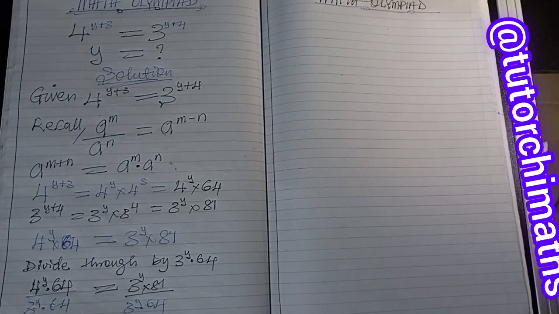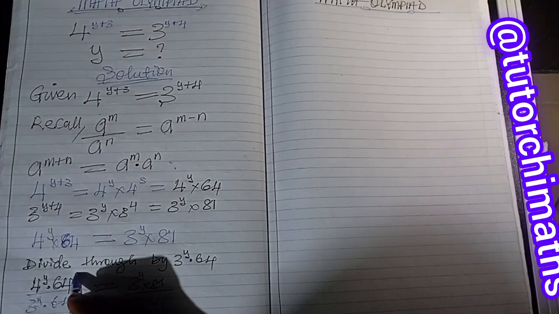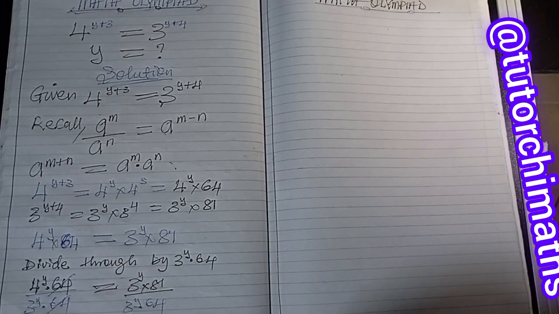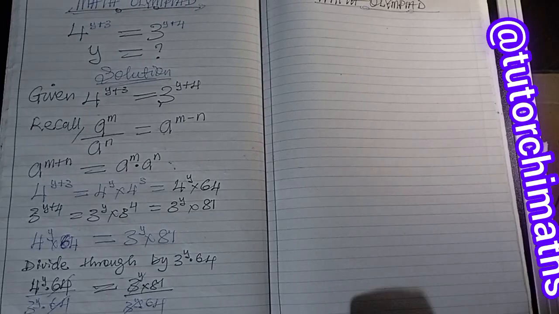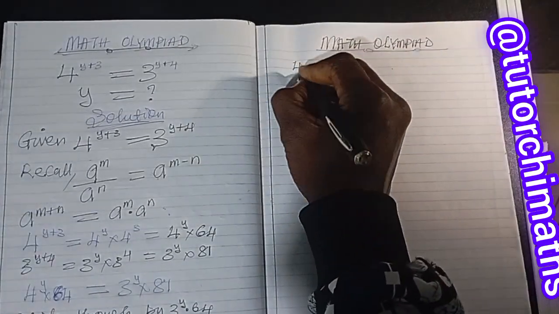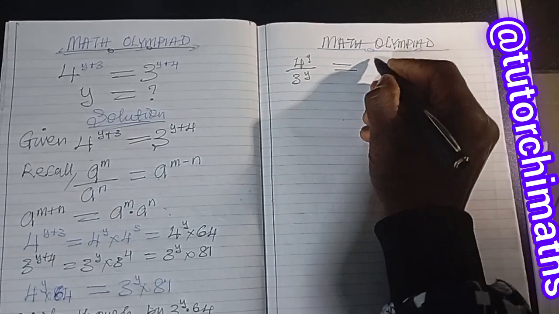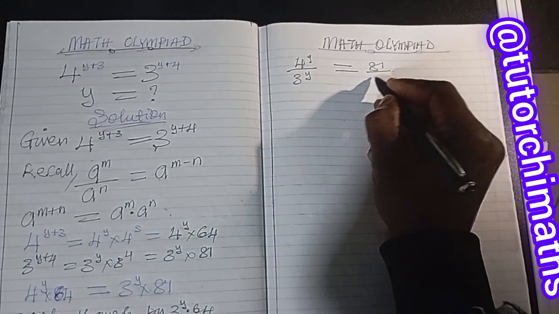Good. Remember, we are dividing through by 3 raised to power y multiplied by 64. So 64 can cancel 64 here, 3^y can cancel 3^y here, and we have 4 raised to power y divided by 3 raised to power y is equal to 81 over 64.